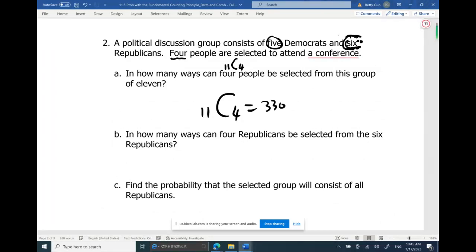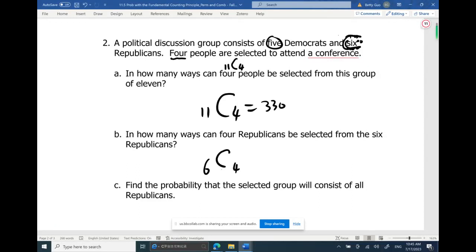Part B, in how many ways can 4 Republicans be selected from the 6 Republicans? So that's a simple combination. C 6 choose 4. Yes, the number of combinations of 6 items taken 4 at one time, right?